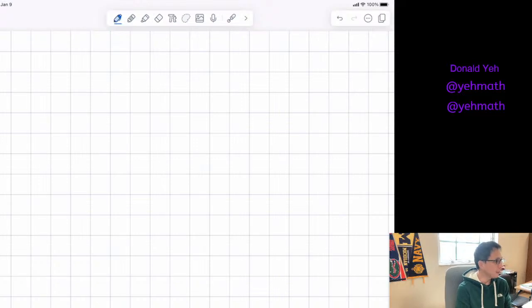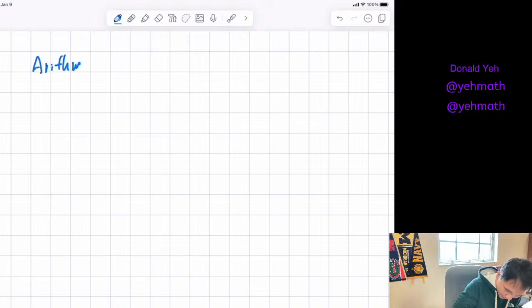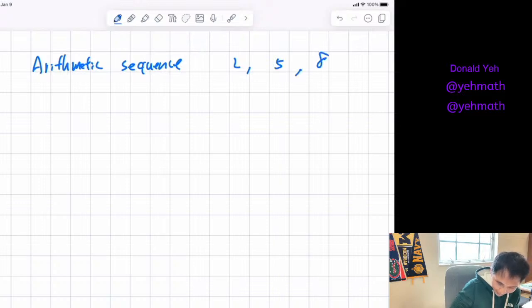All right, so there are two general types of sequences that you know. Sequence, there is arithmetic, that's with a story like 2, 5, 8, 11, dot, dot, dot. And this is called an infinite sequence.